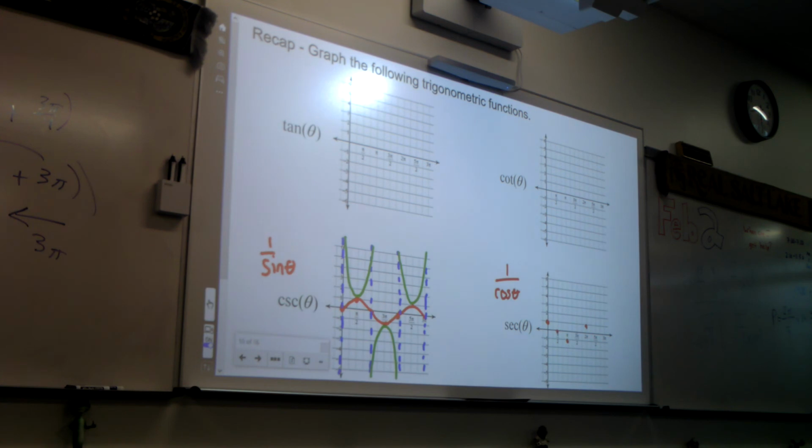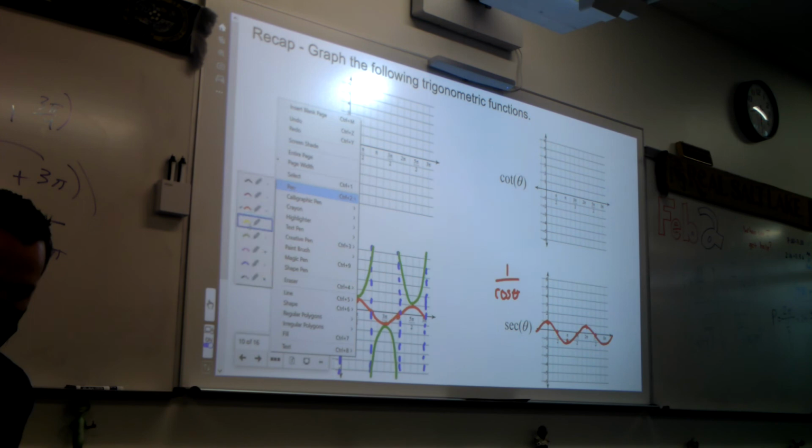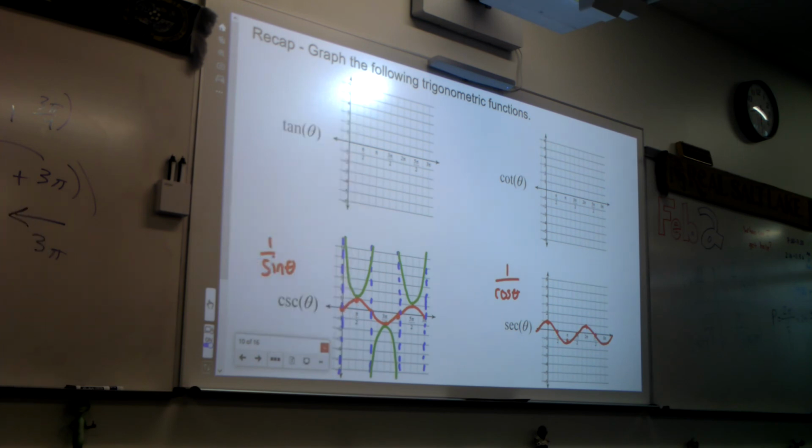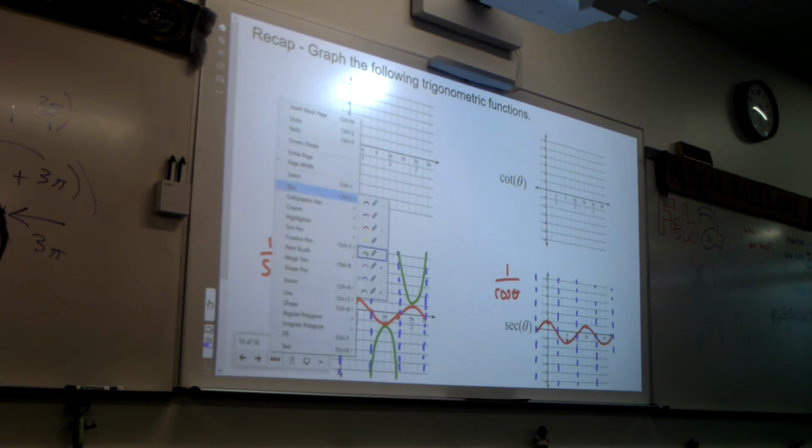The period is 2 pi. So here are my points like that. And then our thought process is just going to be the same as last time. Anywhere that cosine is 0, we're going to see a vertical asymptote. And then at the peaks and valleys, we're going to see the u's and the flipped u's.